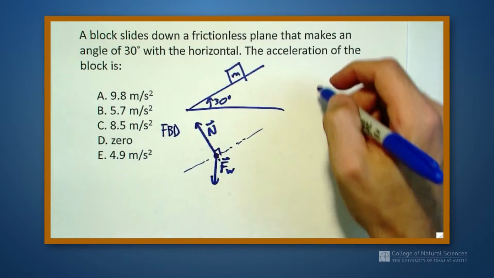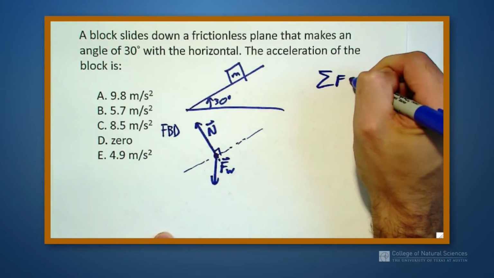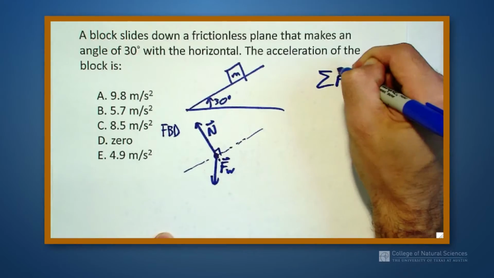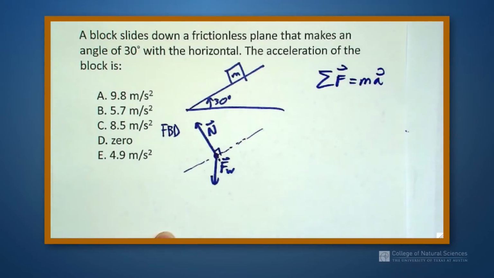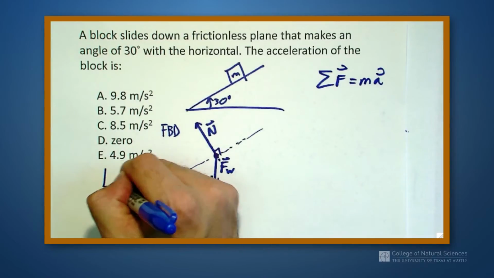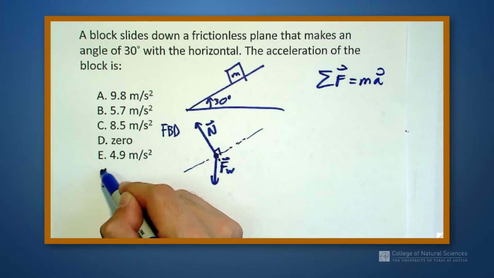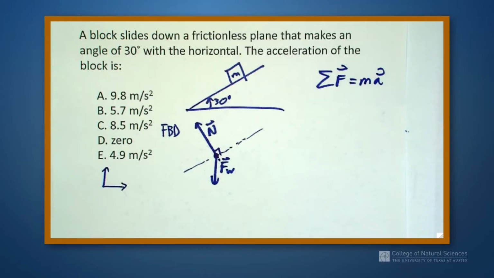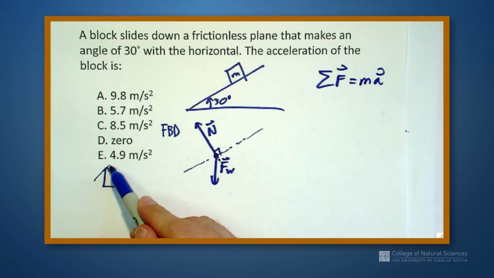In order for me to use Newton's second law, a net force gives me an acceleration, I need to know a coordinate system. And here is the trick. On many, many ramp problems, you don't want to use a traditional coordinate system that looks like this. This will work, it'll just make your life much more difficult.